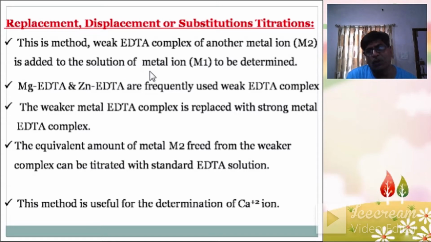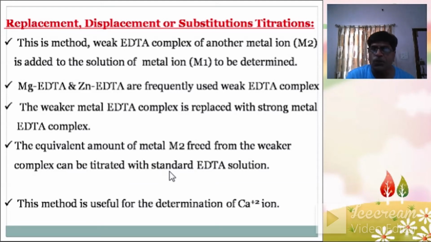The weaker metal EDTA complex is replaced with the stronger metal EDTA complex. The equivalent amount of metal M2, the second metal, freed from the weaker complex can be titrated with standard EDTA solution. This method is used for the determination of calcium plus 2 ion.